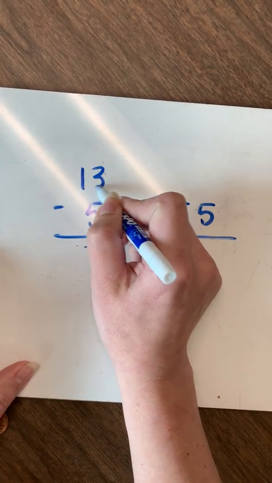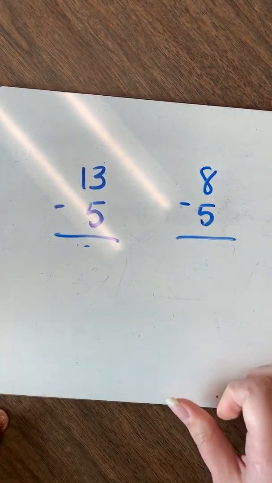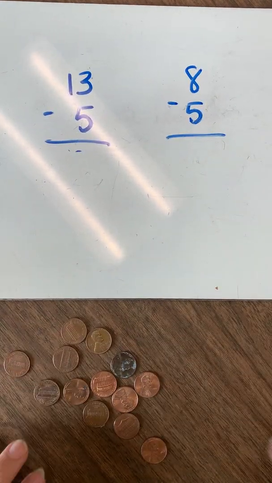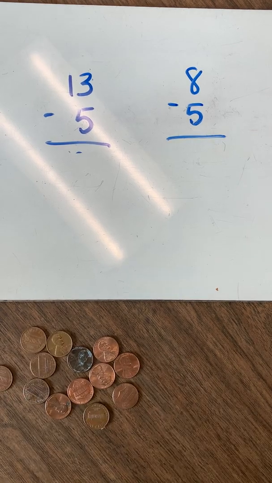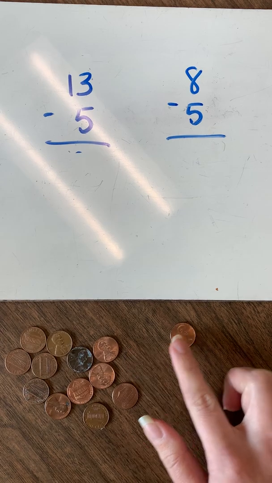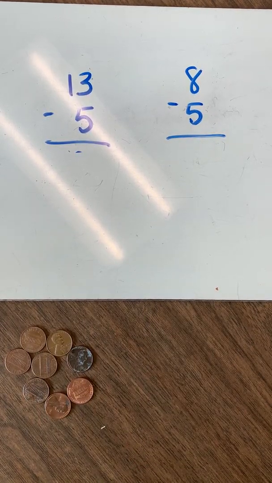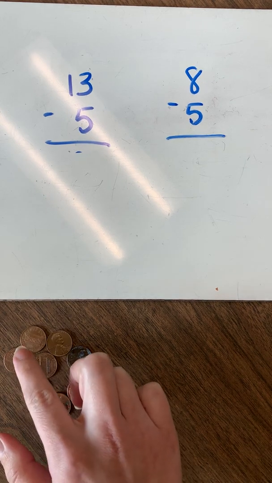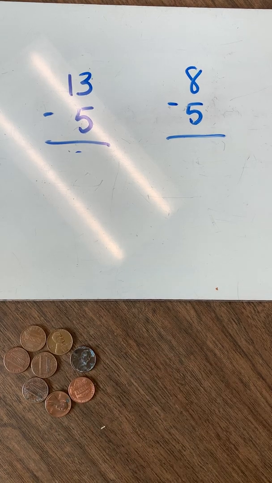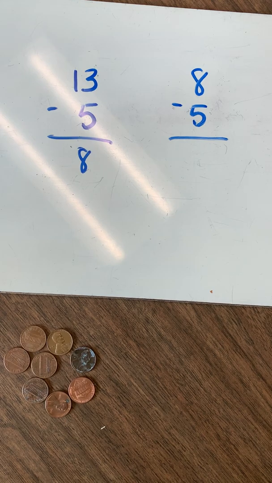Now, 13 minus 5. If I have 13, then I'm going to give 5 to Kyle. 1, 2, 3, 4, 5. How many do I have left? 8. 8, take away 5.